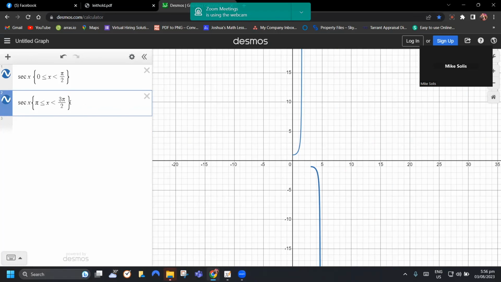Okay. So, based on the graph, is the function 1 to 1? So, anong sinasabi ng horizontal line test?